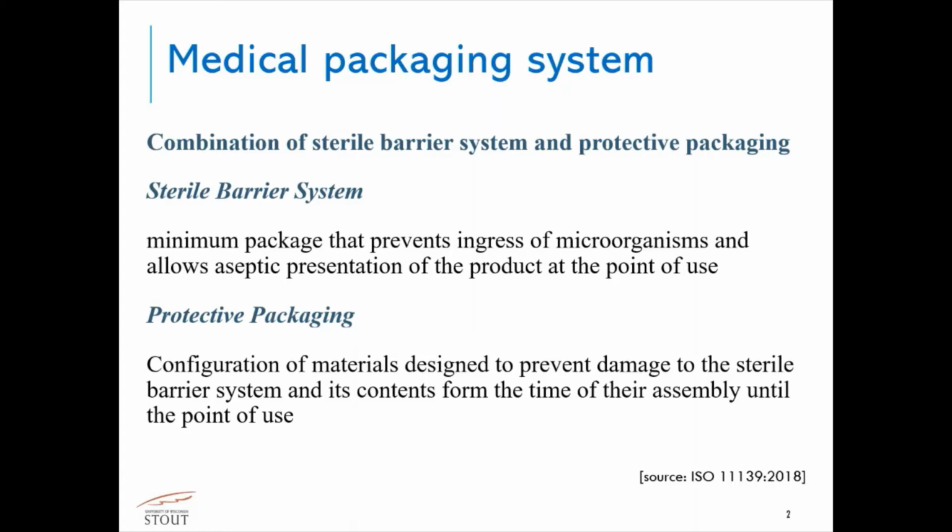For today's presentation, I want to focus on material selection, mainly for sterile barrier systems for terminally sterilized medical devices. So that gives everybody a heads up on the scope.